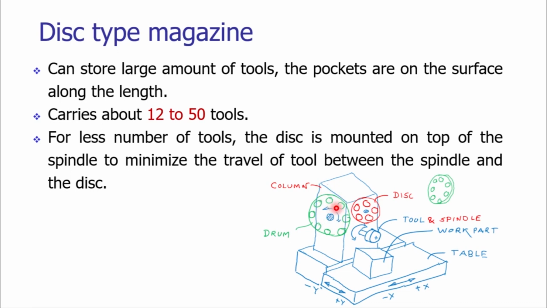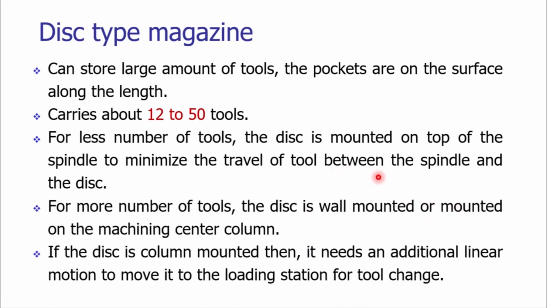The drum will be indexed and there will be a tool changing mechanism. We will see the tool changing mechanism in the next slides. Thus, if the disc is mounted on top of the spindle, it will minimize the travel between the tool and spindle to the disc.